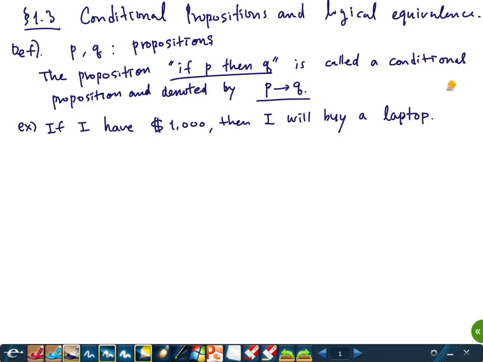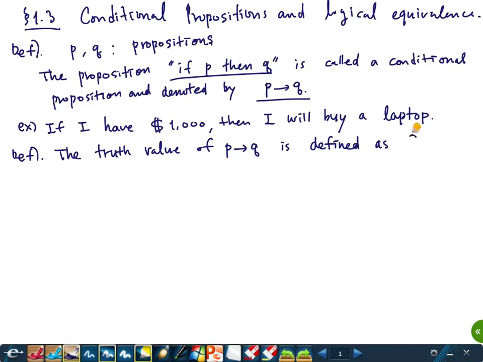So we have to define when this is true and when it's not true. This is in fact the definition. The truth value of "if P then Q" is defined as follows.